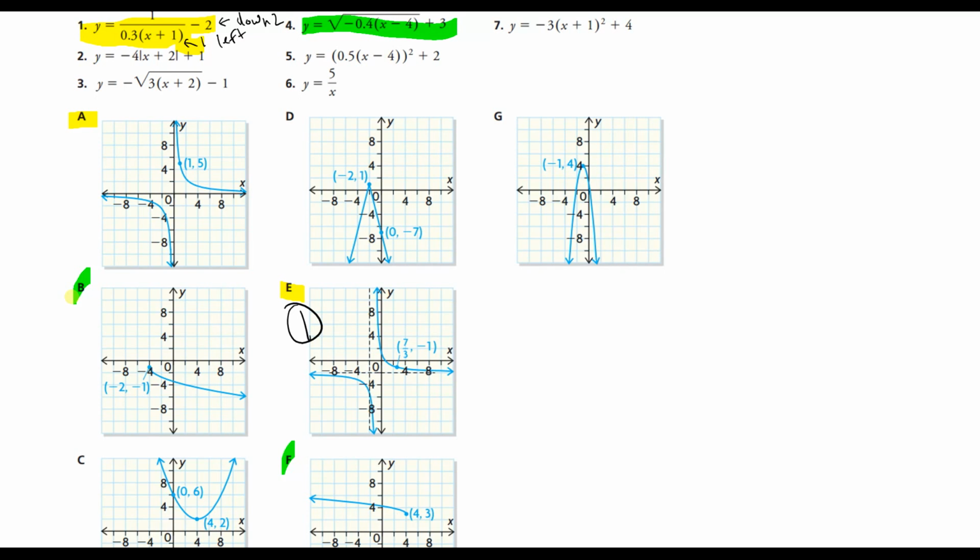Yeah. So it goes right 4 and up 3, right 4, 1, 2, 3, 4, up 3. So this one goes right 4 and up 3, and this one goes left 4 and down 1 maybe. So this one must be 4. So you can work through logically the transformations and make the matches on that. Okay.